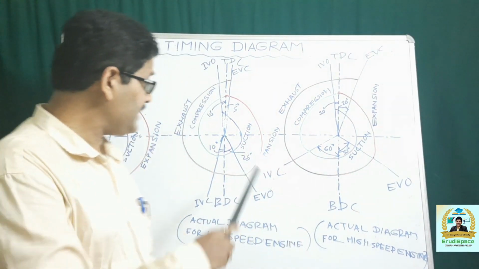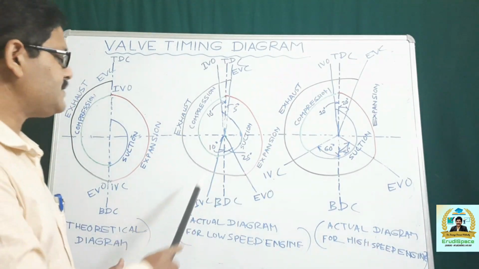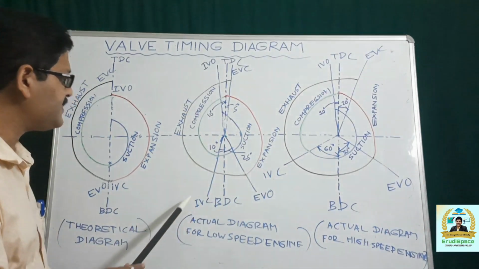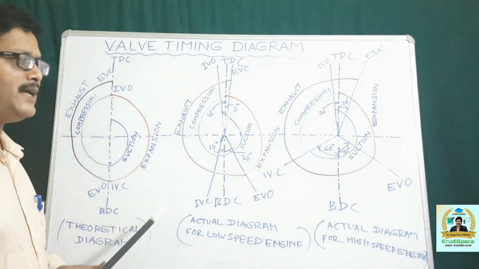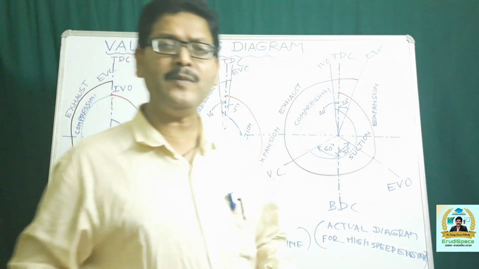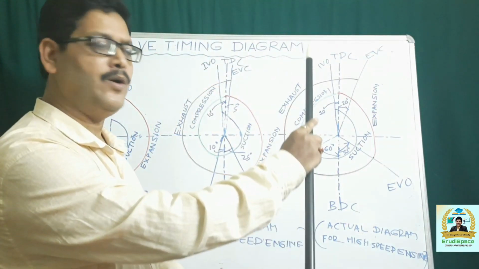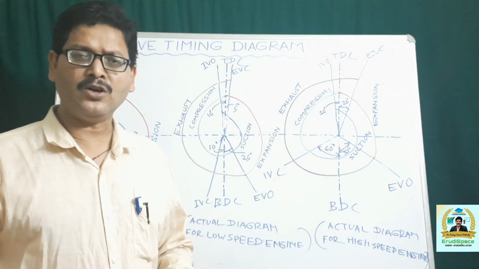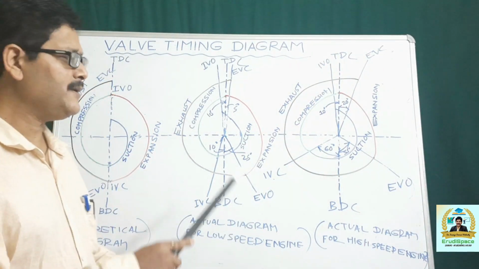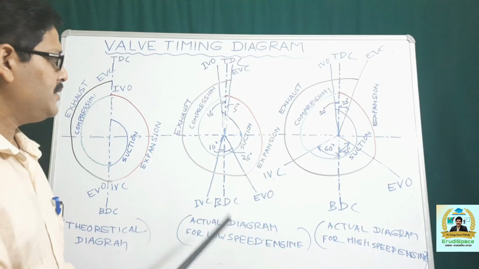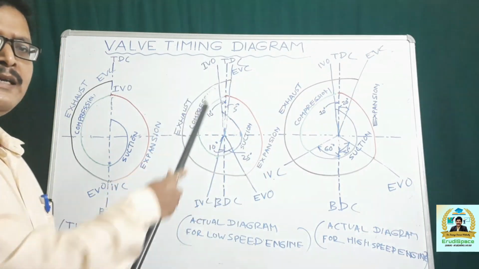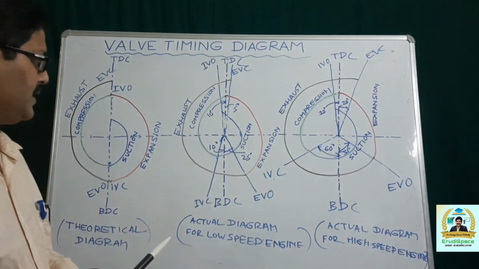But there is a limit to this, because if you extend it by some more angle, then there is every probability there will be backflow of the charge or the air, as the case may be, through the intake manifold.